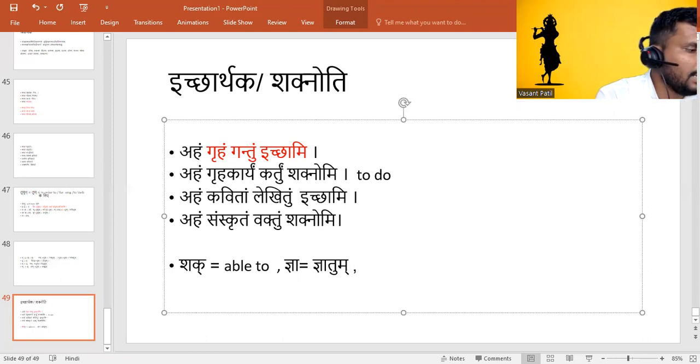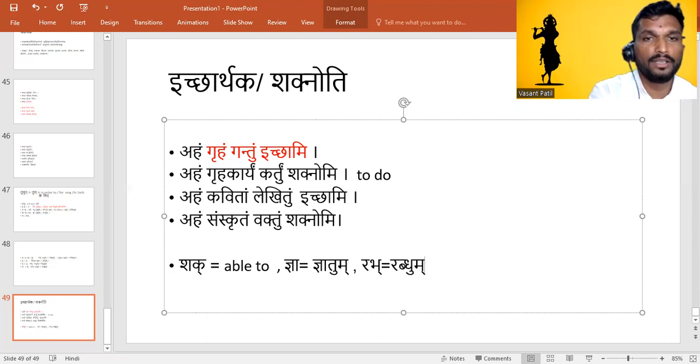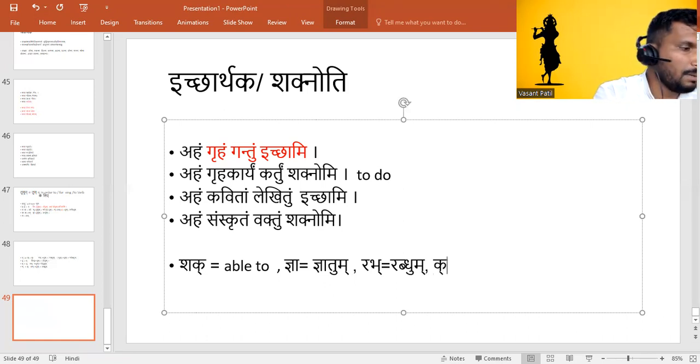Then rabha. I told you before, bha will change into ba: rabdhum. From here only the word arabdha came. Arabdha, to begin. Rabdhum. Krama.